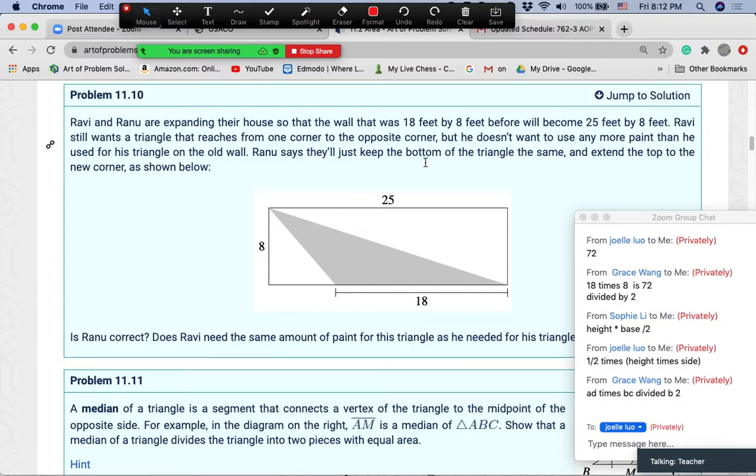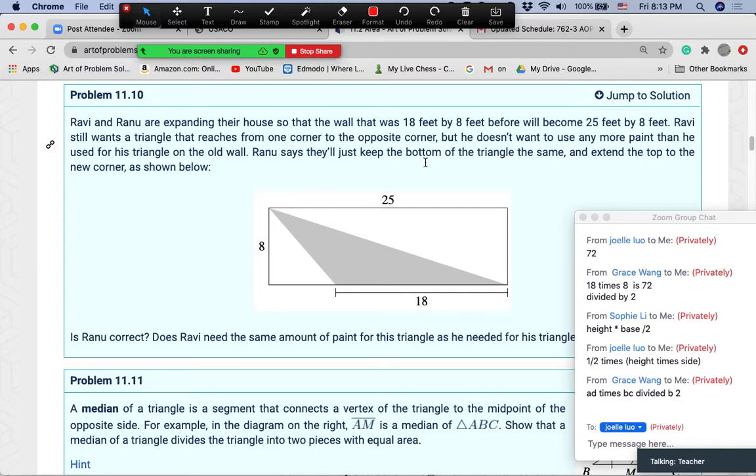Ravi still wants a triangle that reaches from one color to the opposite color, but he doesn't want to use any more paint than he used for his triangle on the old wall. Ranu says they will just keep the bottom of the triangle the same and extend the top to the new color as shown below.